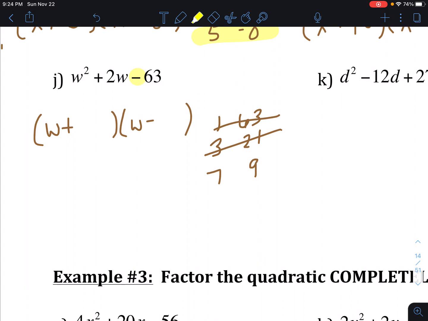That subtracts to get 2. There's my pair. But I need one with a plus, one with a minus, and looking at the B term, a plus 2. So the minus would have to go with the 7 and the plus with the 9 to make a plus 2.